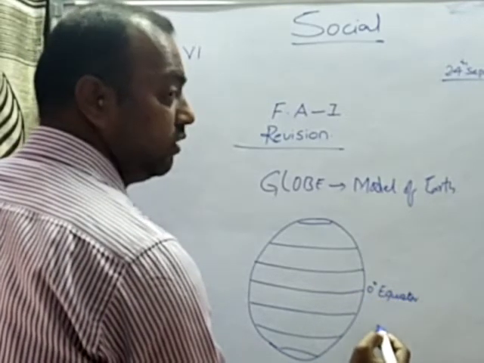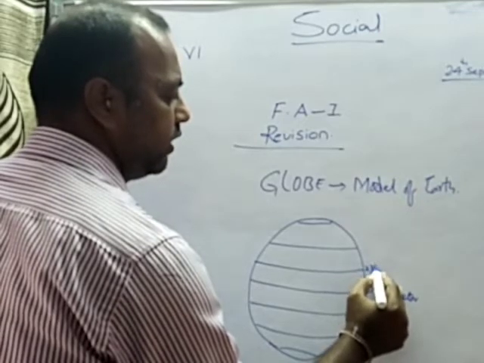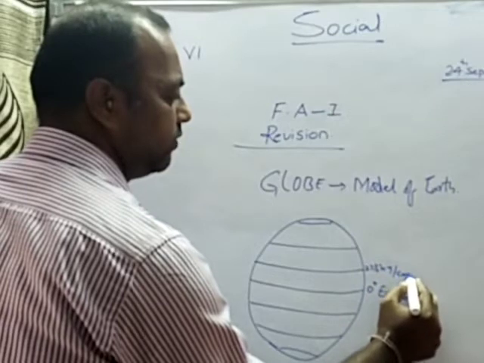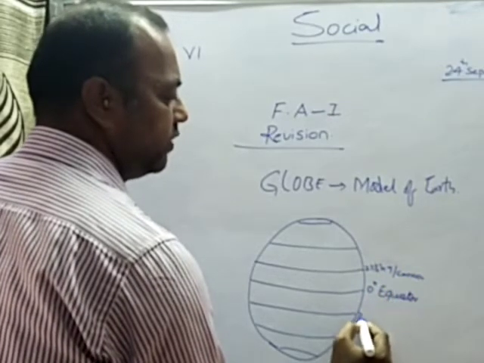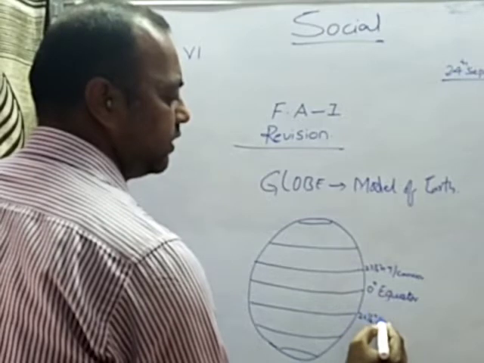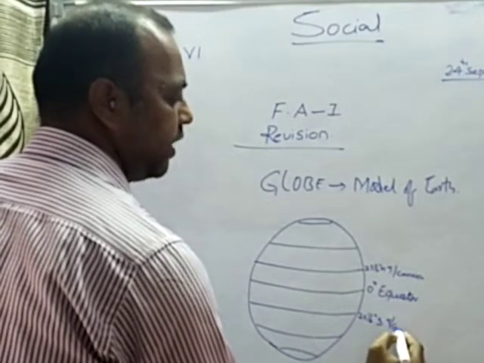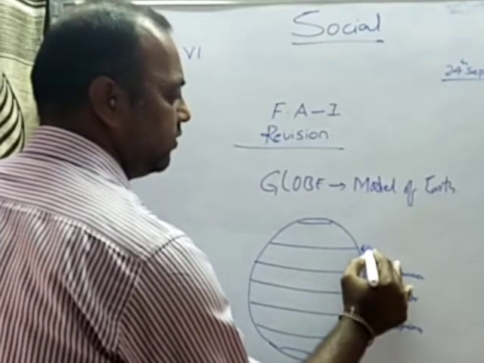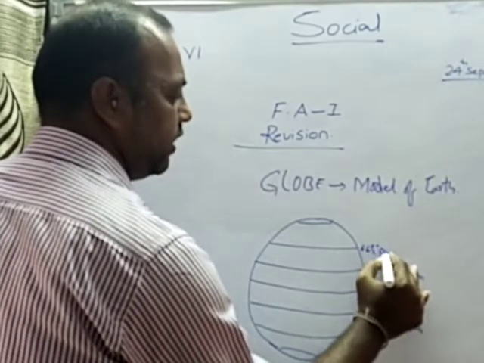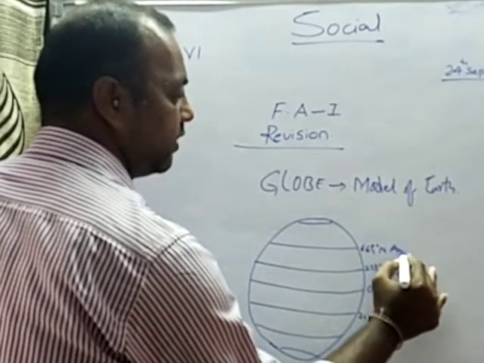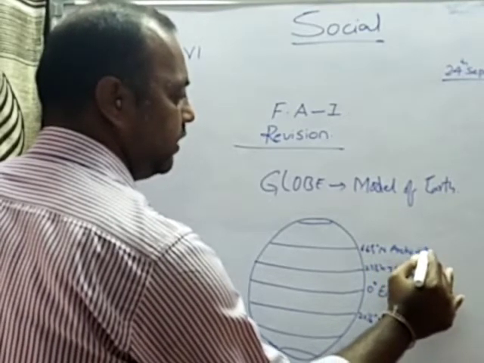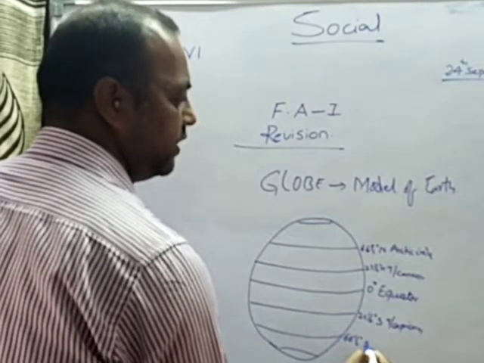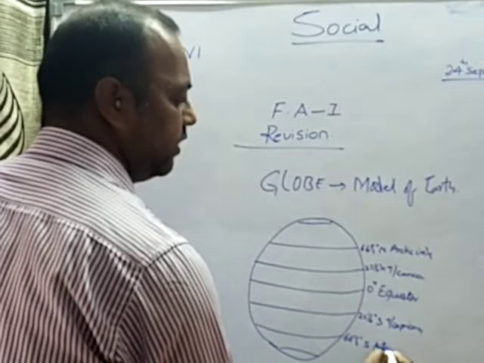What do we call it, children? Equator. And 23 and a half northern latitude, we call it Tropic of Cancer. Whereas 23 and a half southern latitude, we call it Tropic of Capricorn. 66 and a half northern latitude, we call it Arctic Circle. 66 and a half southern latitude, we call it Antarctic Circle.